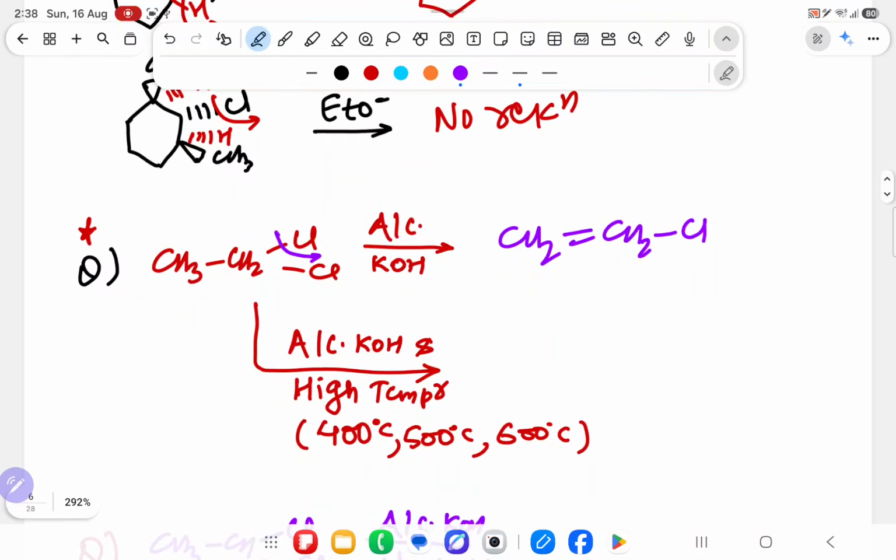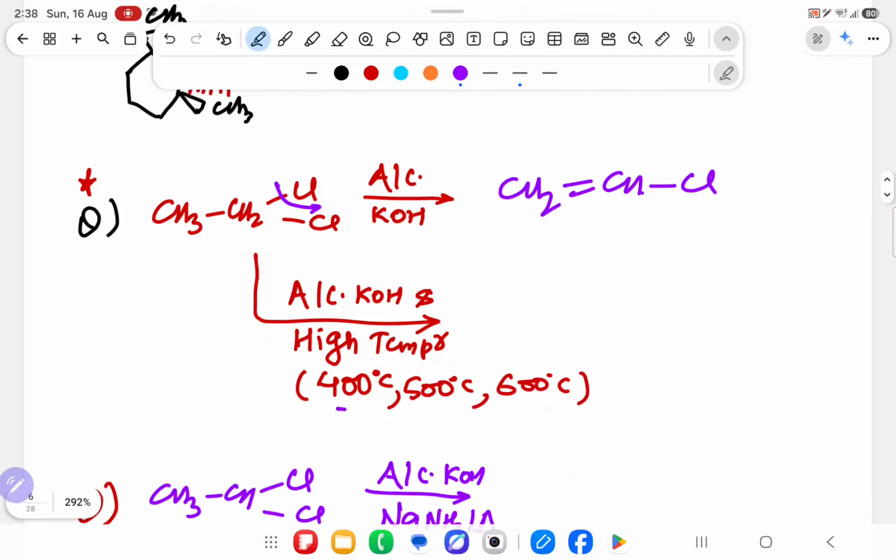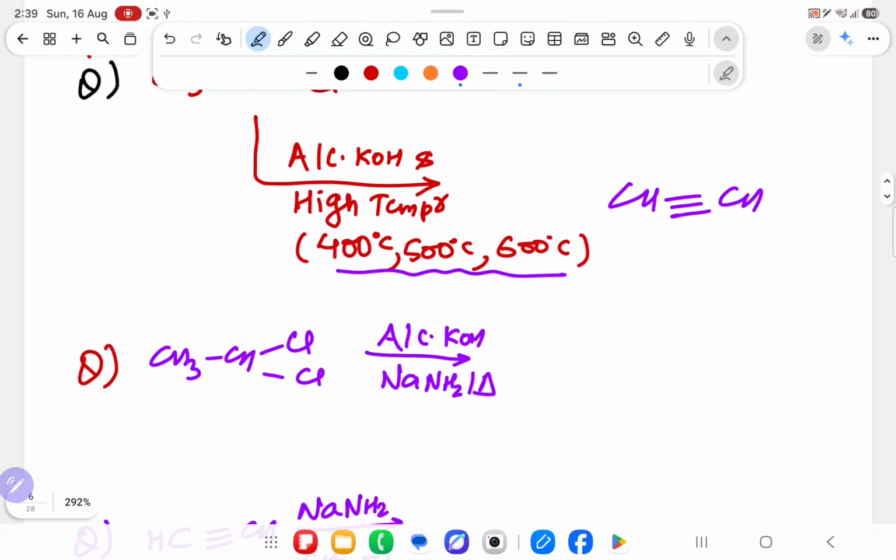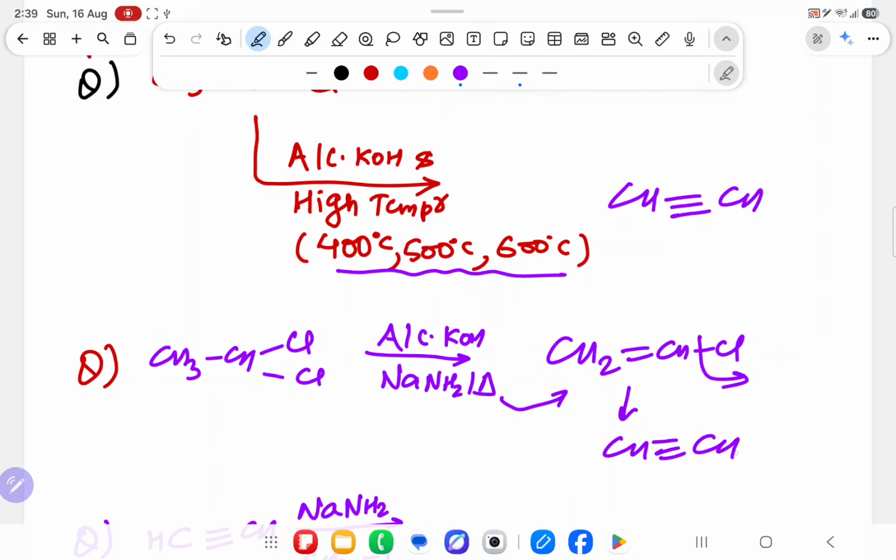Only this, but there is more hydrogen to remove it. CHCl, 1, 2, 3, 4. Only one Cl. But if alcoholic KOH plus high temperature is given, you will remove both Cl and you will get CH triple bond CH. With alcoholic KOH, one Cl is removed, giving CH2 double bond CHCl, and this will remove another Cl. So overall you will get CH triple bond CH.